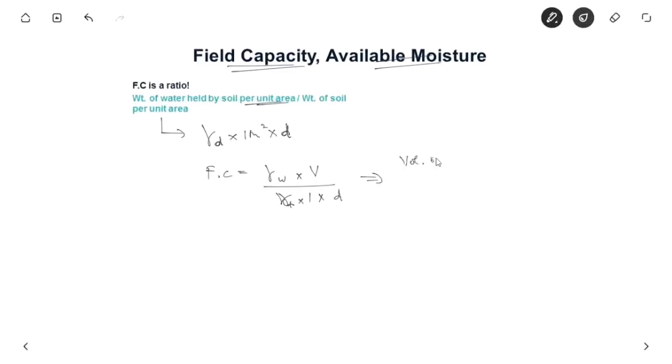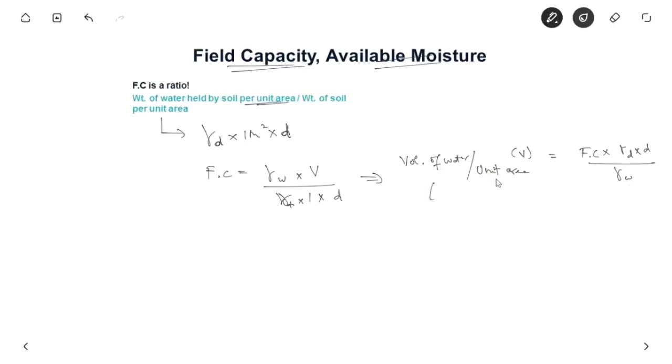V is the volume of the water per unit area, and this is equal to field capacity into gamma_d into D divided by gamma_w, the unit weight of the water.